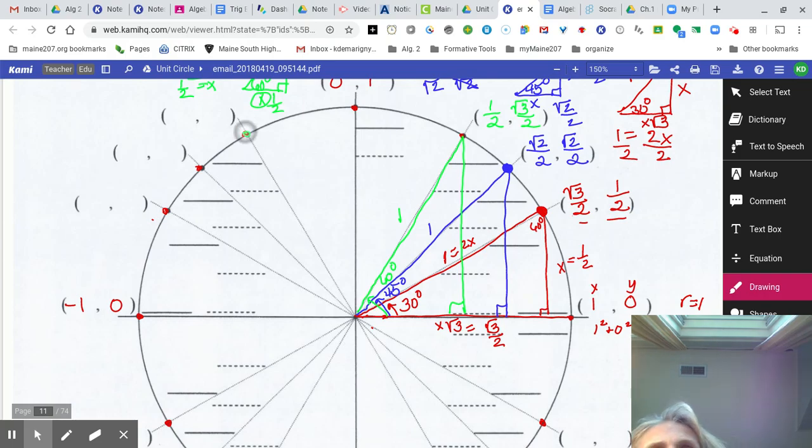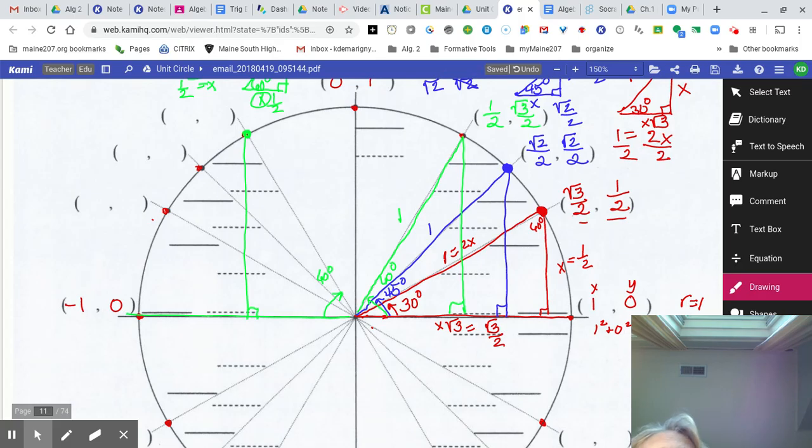Okay, so I'm going to do this one first. Do you see that I have moved to the other side now? If I drop this angle down, and this is now my initial side, this is my terminal side, this is a 60-degree angle. I've only moved 30 degrees away from a vertical line.